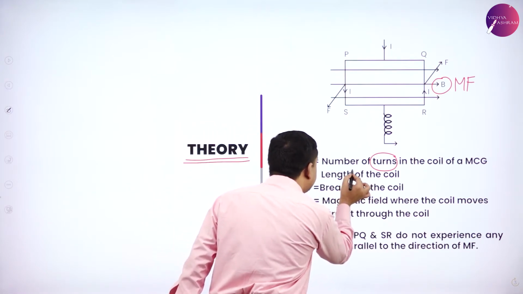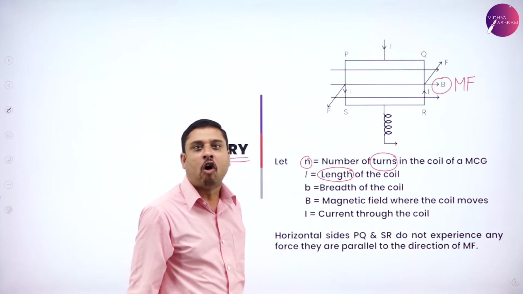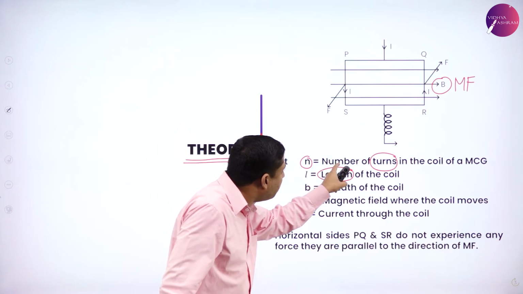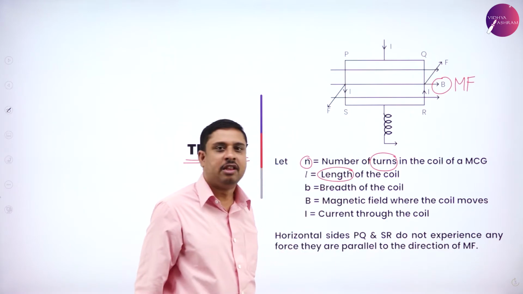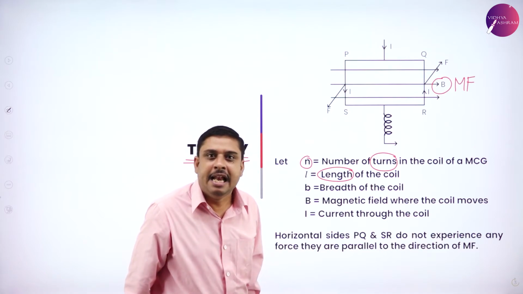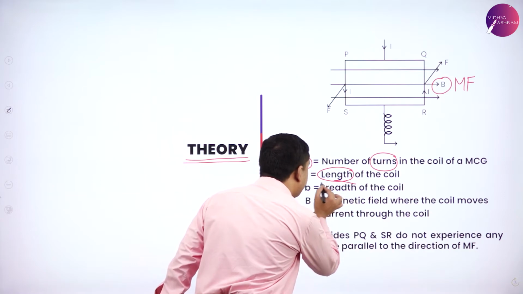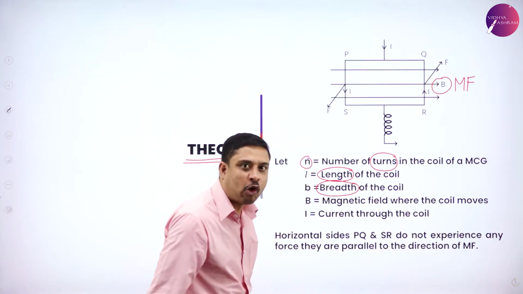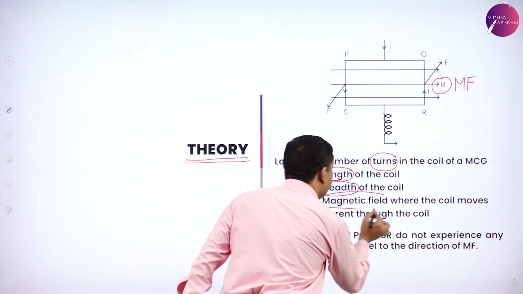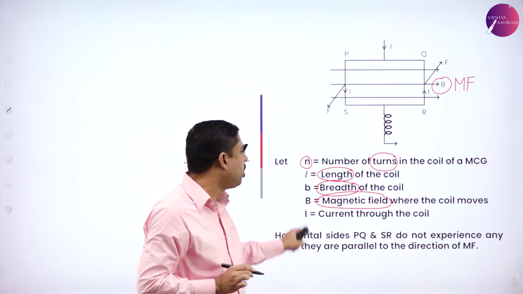L represents the length of the coil. b, the breadth of the coil. Capital B, the magnetic field, as I have already told.